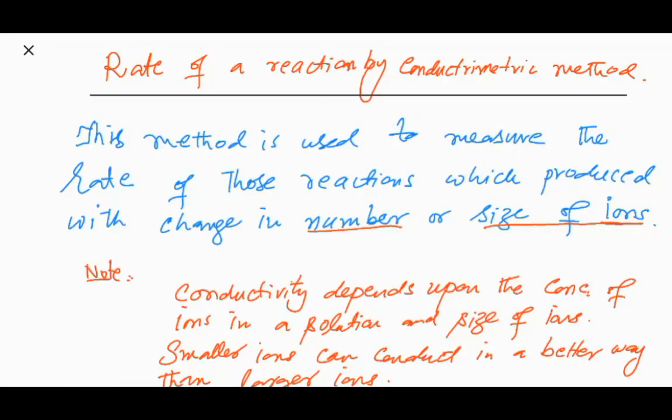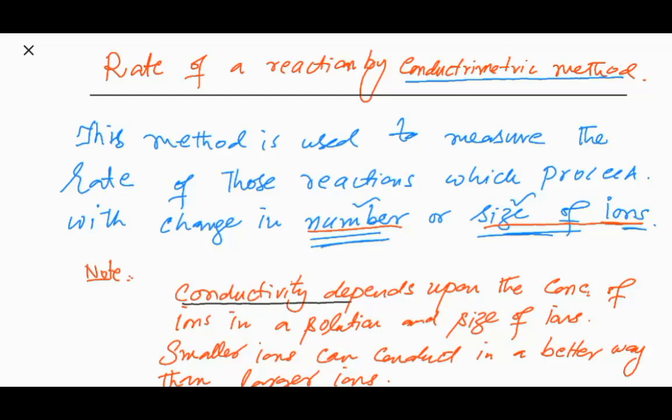The next method is measuring the rate of reaction by conductimetric method. This method is used to measure the rate of those reactions which proceed with the change in number or size of ions.